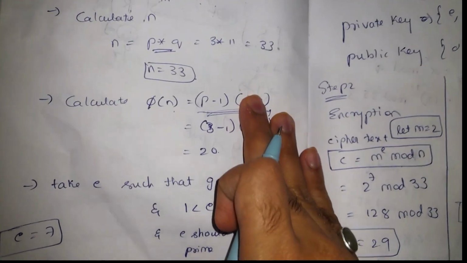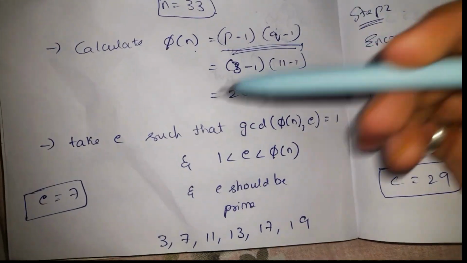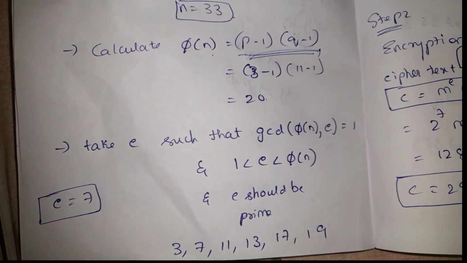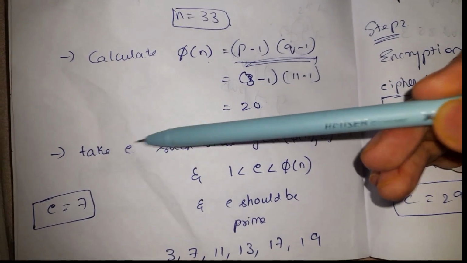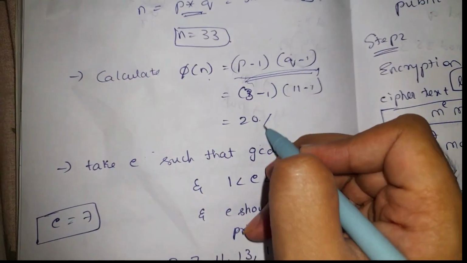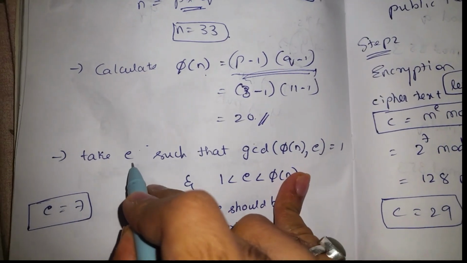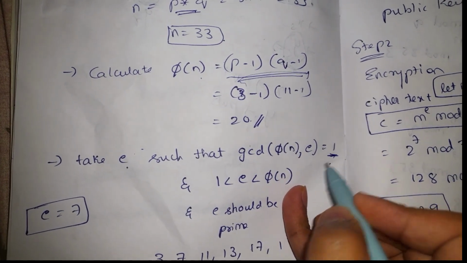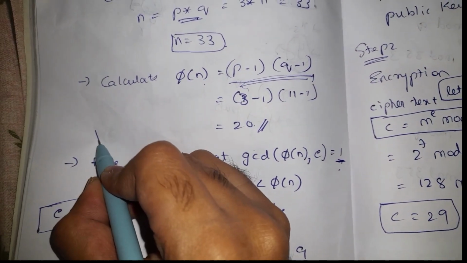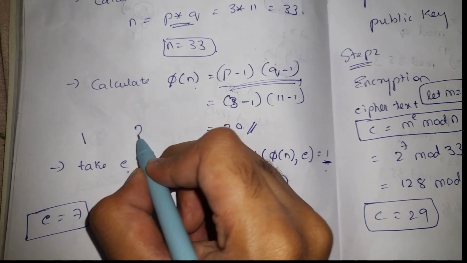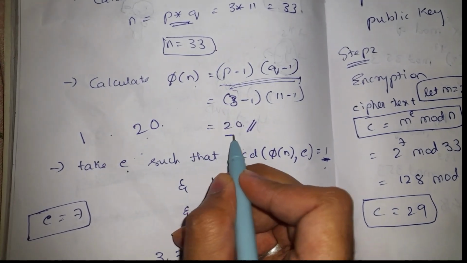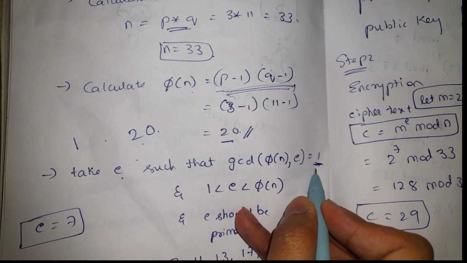Now we need to take the value of e. I will tell you what this e is used for in the later steps. We need to select a random number e such that the GCD of phi n and e is equal to 1, and it should be between 1 and phi n. It means I need to choose any number from 1 to 20 such that the GCD of that number and phi n, which is 20, is equal to 1.